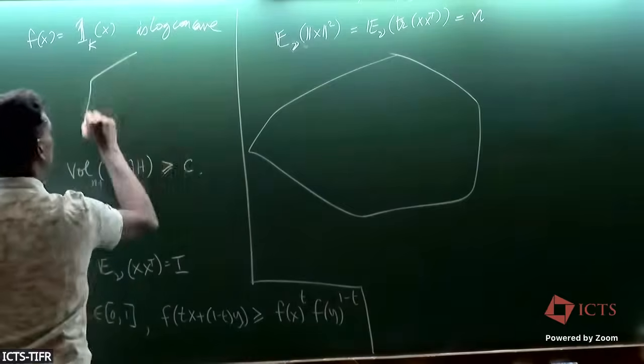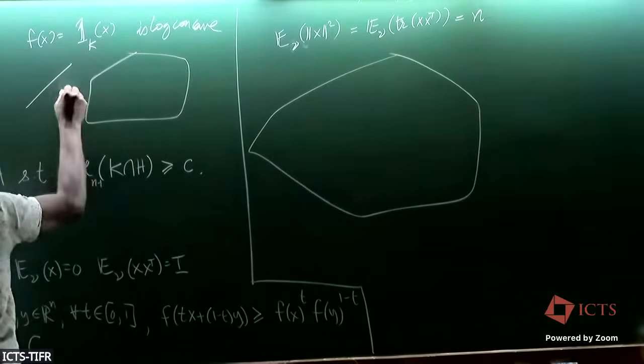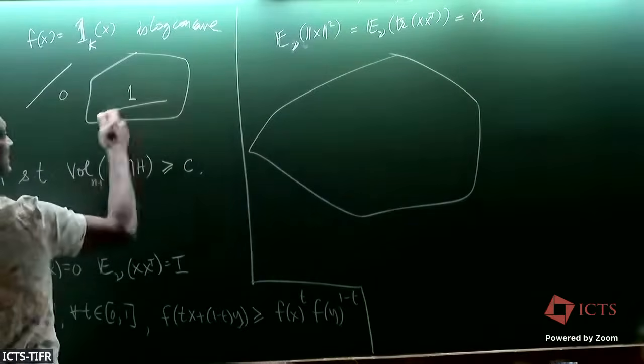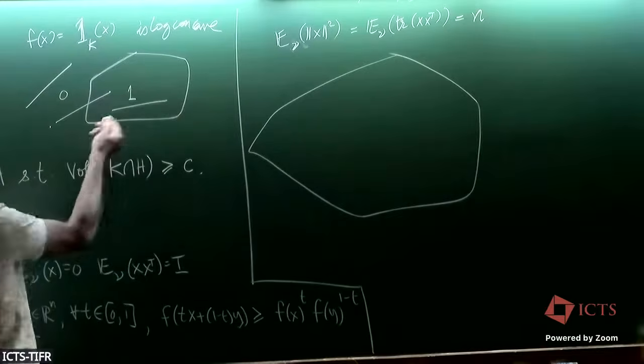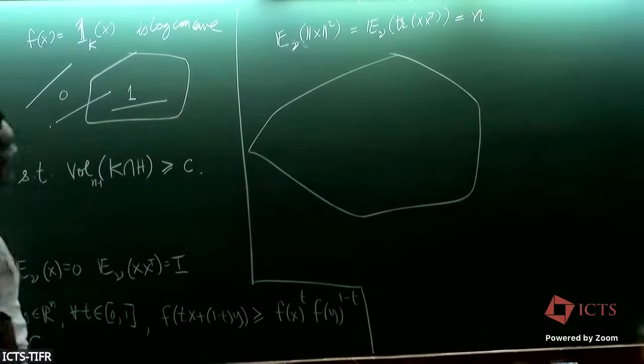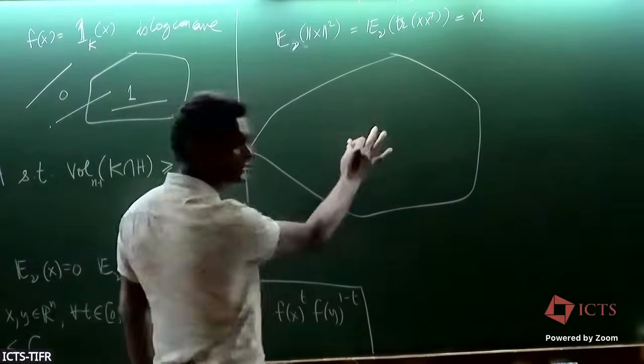Just so you're fully convinced, you just need to check this condition, right? So if the points hit 0 outside and 1 here, if it's outside, there's nothing to check. If it's inside, it's clearly true. If it's crossing also, it's true because you get to take the smaller value. Okay. So in particular, uniform distribution can be made isotropic by this.